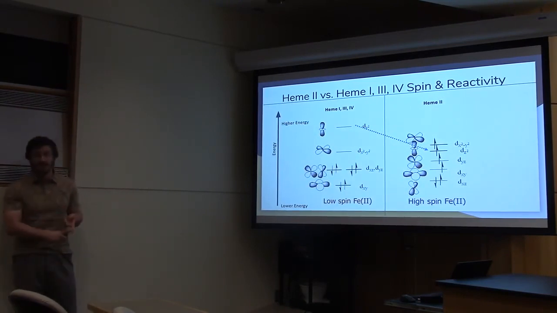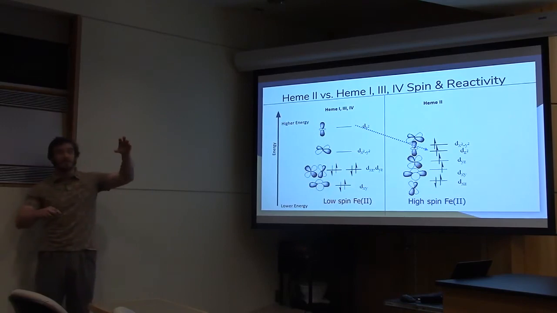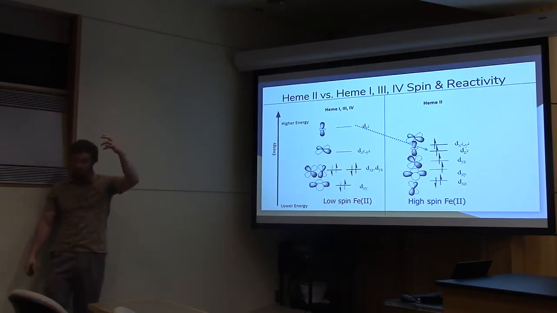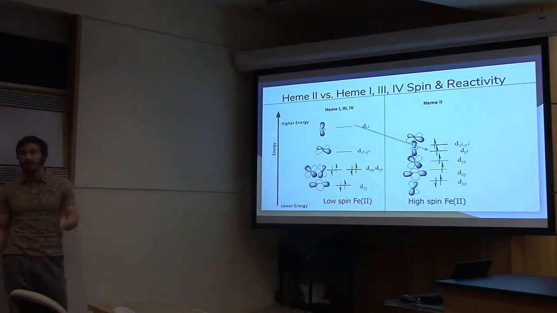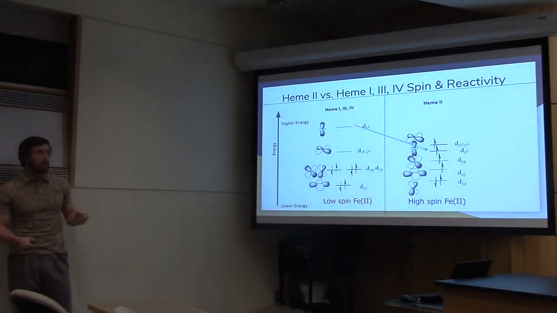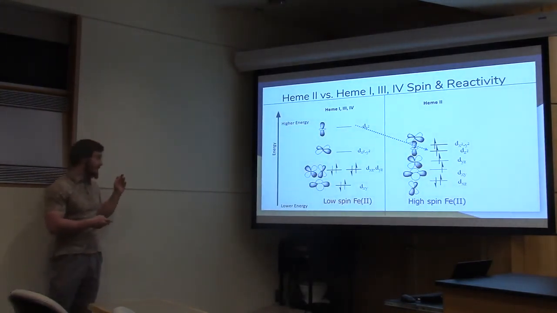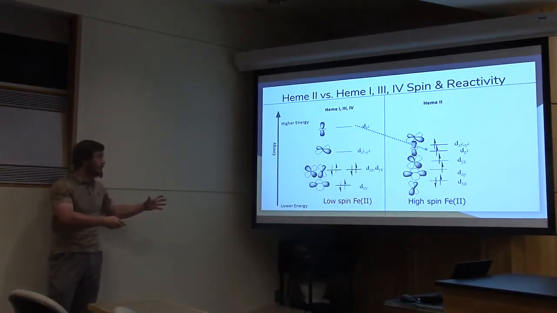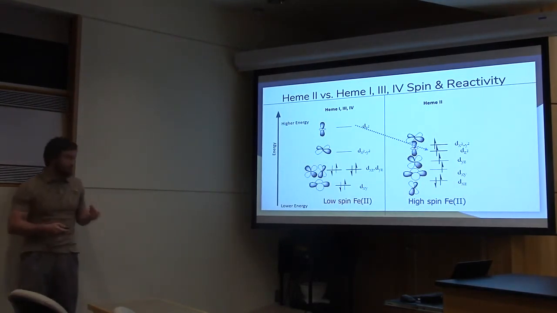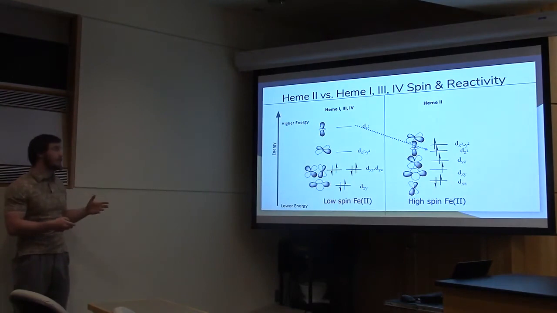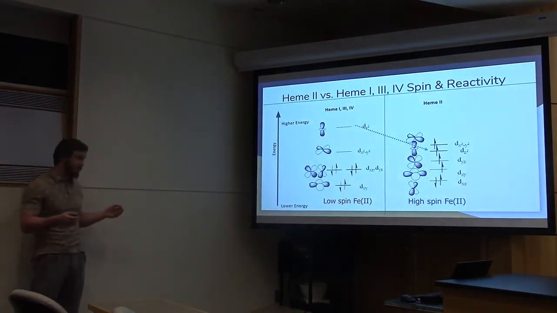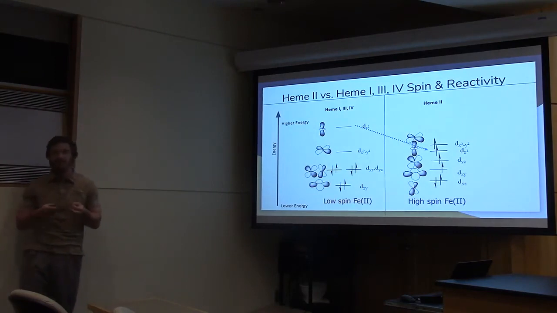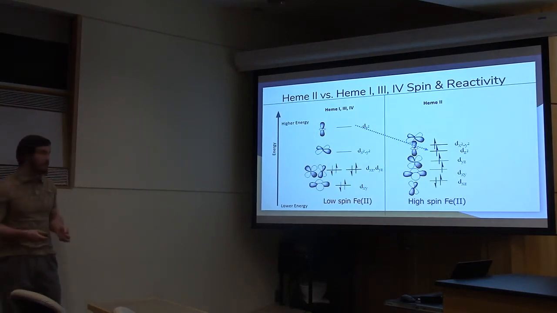As I said, there is a histidine in the other ones blocking that axial site. However, that doesn't make it completely impossible for this reaction to occur there. But if we look at the d orbitals of iron between the two hemes, it starts to make a little more sense. And it comes down to energy and reactivity differences between the two hemes.